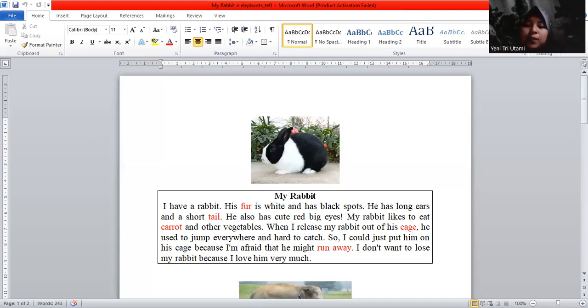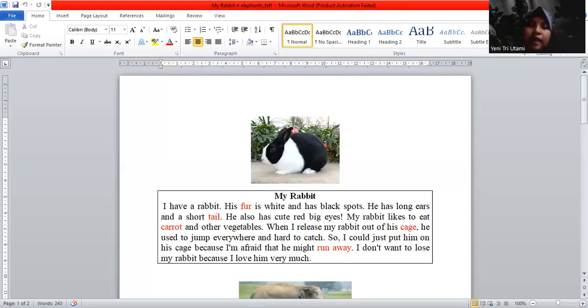So the sentence pattern used is simple present because this descriptive text tells the fact of the object described. So you can say that my cat has a beautiful fur, or my cat has blue colored eyes, and so on.